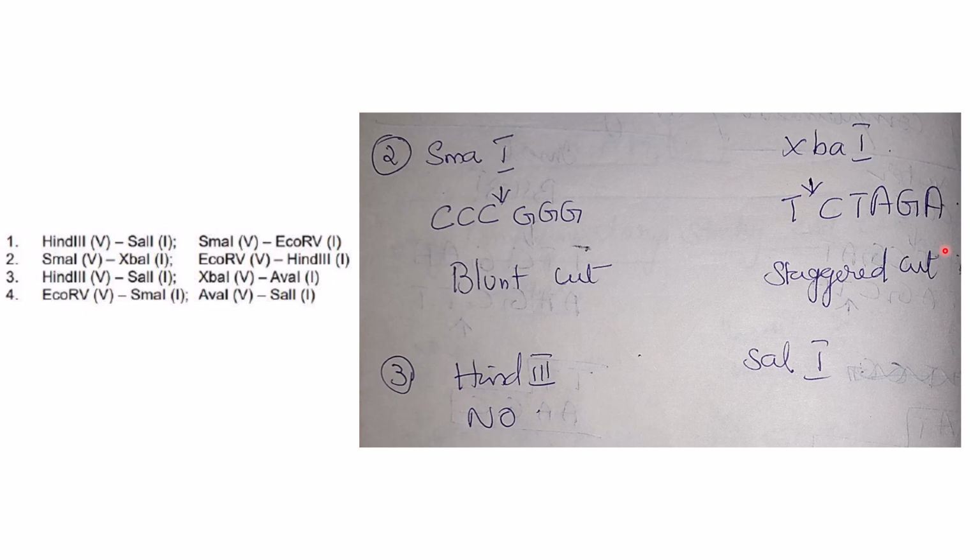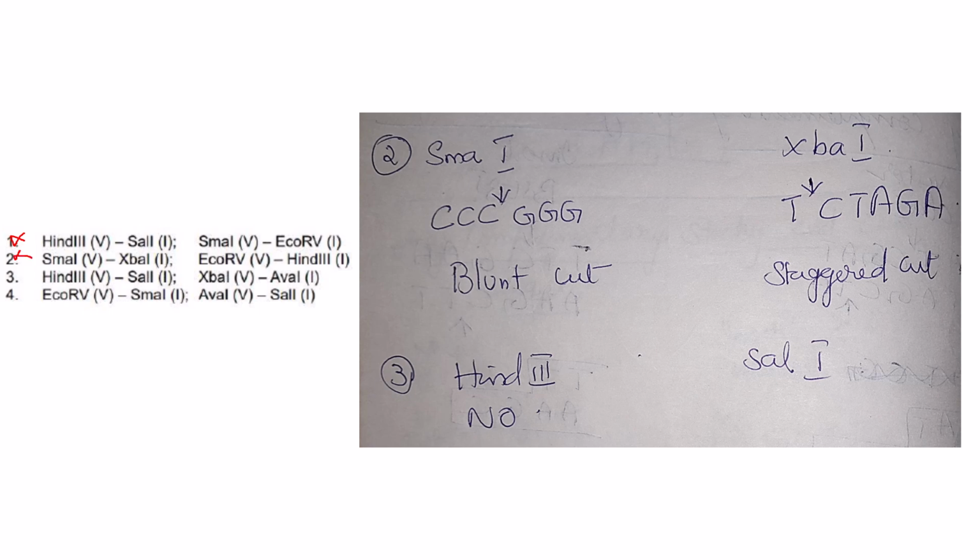That is what you call the cut by a restriction enzyme which is creating cohesive ends, or overhang ends. You call it a staggered cut. So both are different cuts. They are not going to ligate in any way. So that makes option 2 also wrong. So 1 gone, 2 gone.